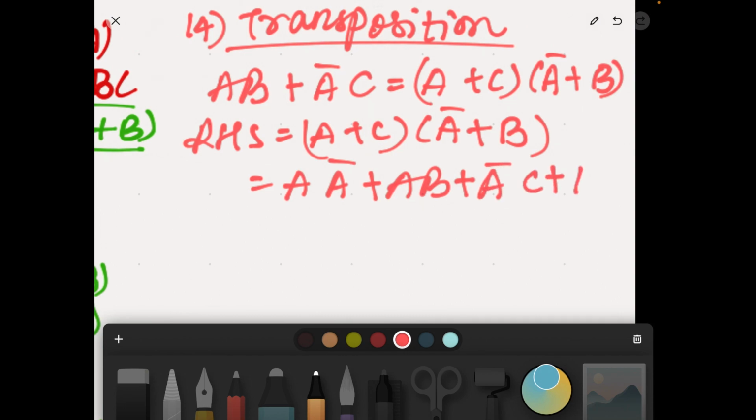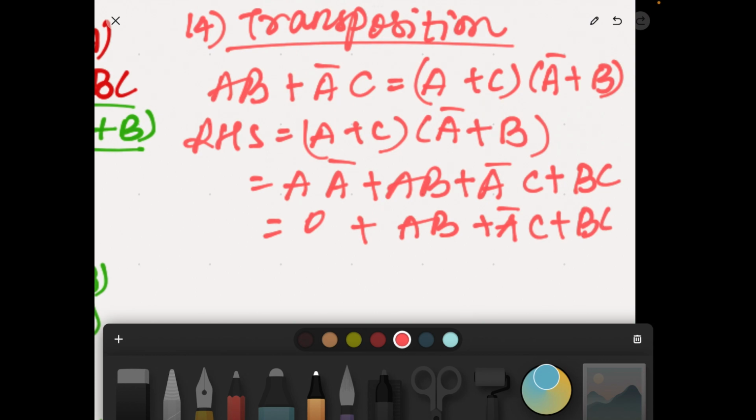A bar C plus BC. So we know that A A bar is going to give us a 0 plus AB plus A bar. Okay, no, we'll take C out here, and then, acha, no, but will that make any difference? No, it will not. So now you have to think, right? This is not making any difference, so I'll use the thing that I did previously.